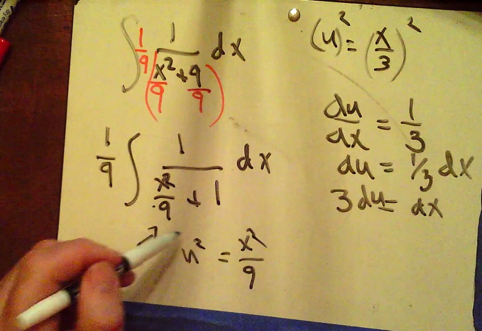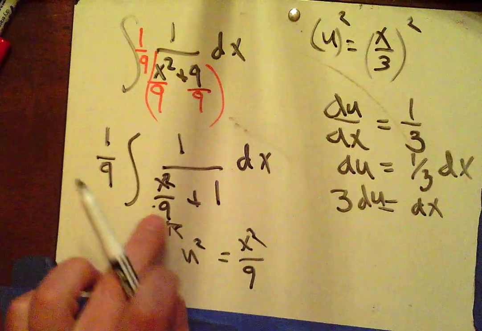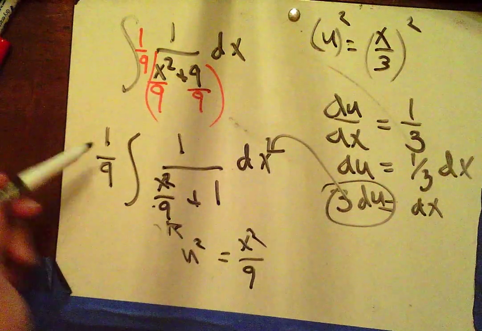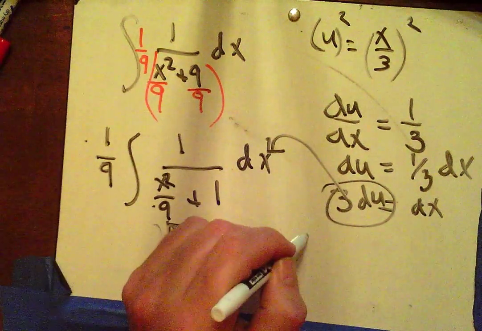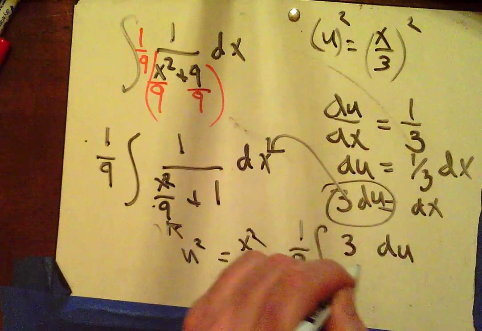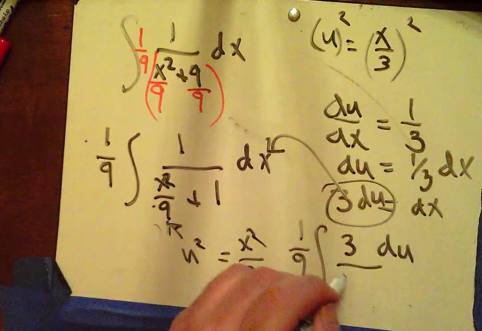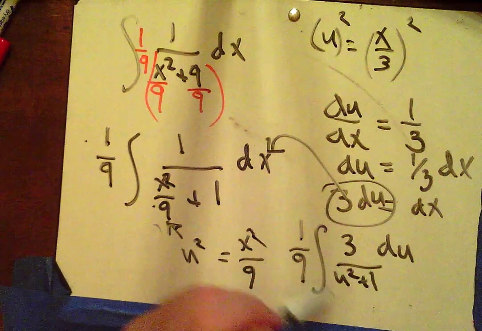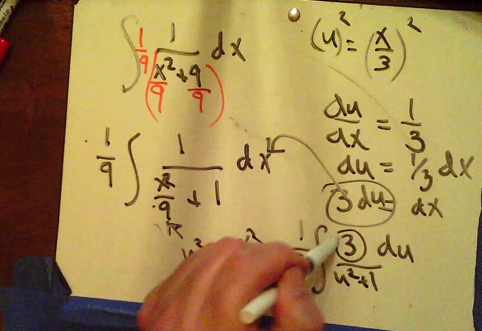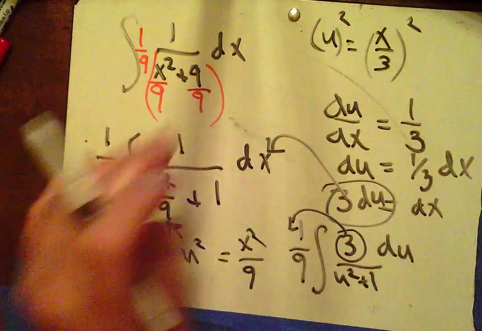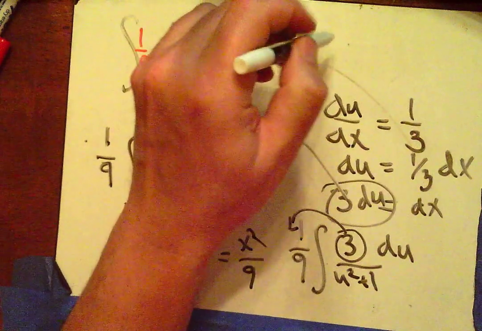So we've got some replacements to make. We're going to put u squared here, and we're going to put 3u here. And don't lose the 1/9 out in front. So we've got 1/9 integral 3 du over u squared plus 1. Wow, that's almost perfect for inverse tangent. I'm going to pull this constant out, and then I will, in fact, have inverse tangent.